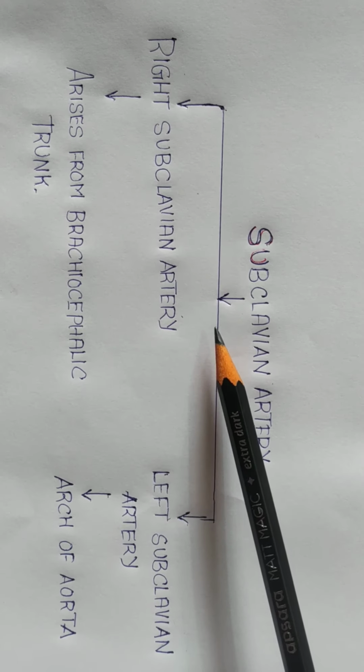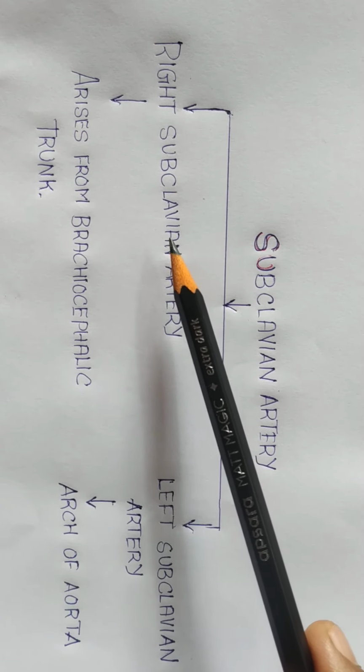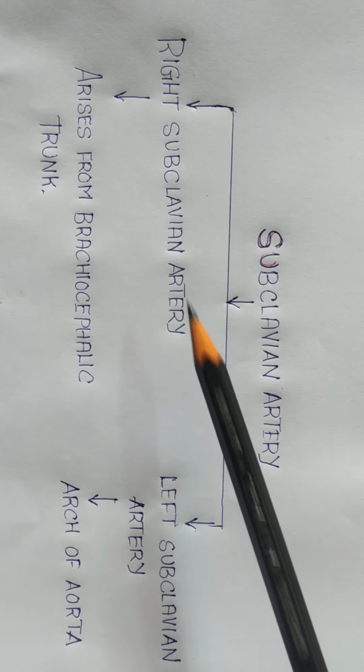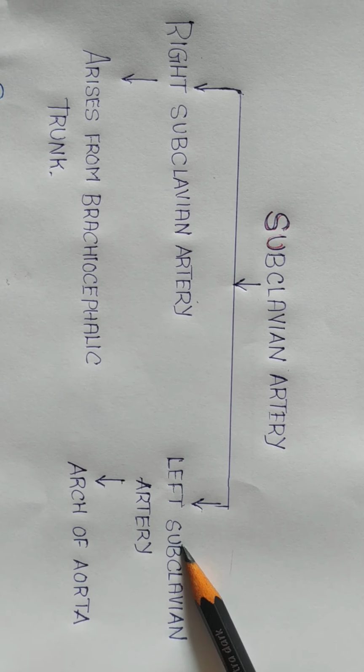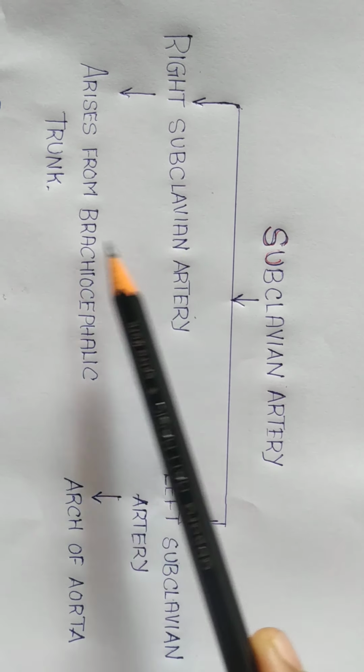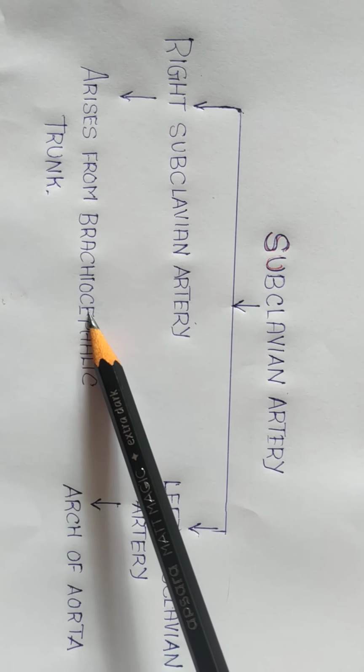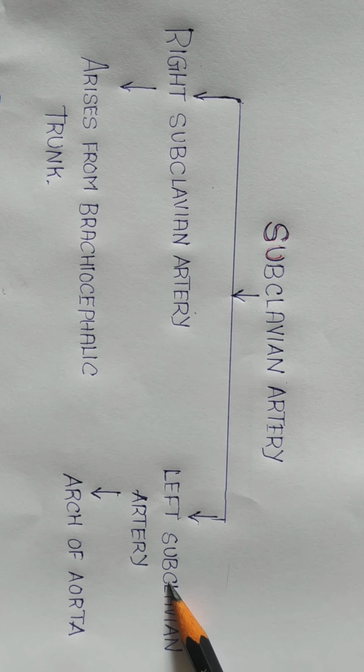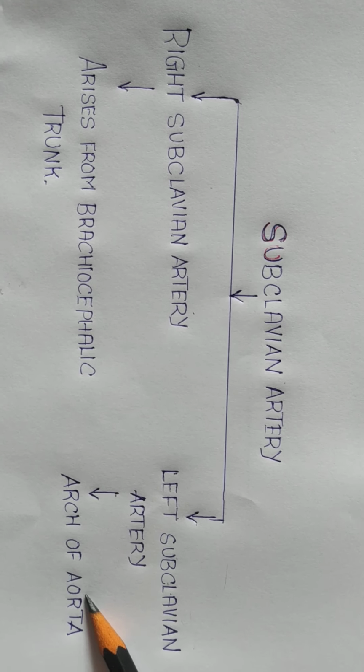There are two subclavian arteries, the right subclavian artery and the left subclavian artery. The right subclavian artery arises from the brachiocephalic trunk, whereas the left subclavian artery arises from the arch of the aorta.